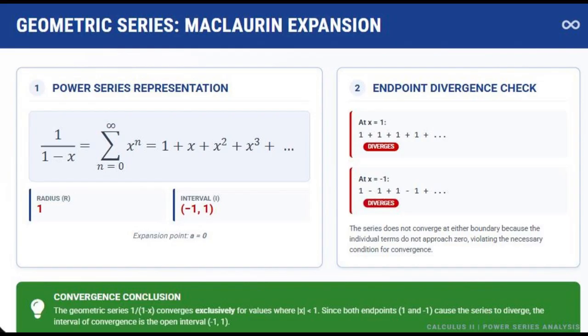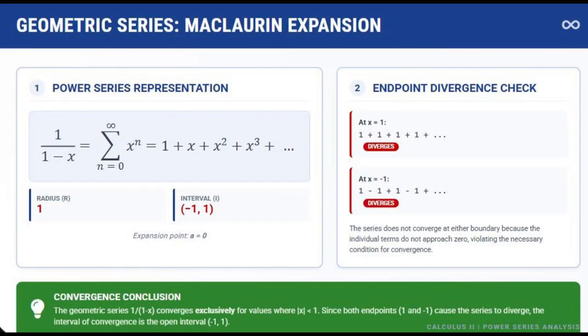This is called the geometric series. Unlike the previous examples, the series does not converge for all values of x. Using the ratio test, we find that the radius of convergence is 1. Therefore, the interval of convergence is from -1 to 1.